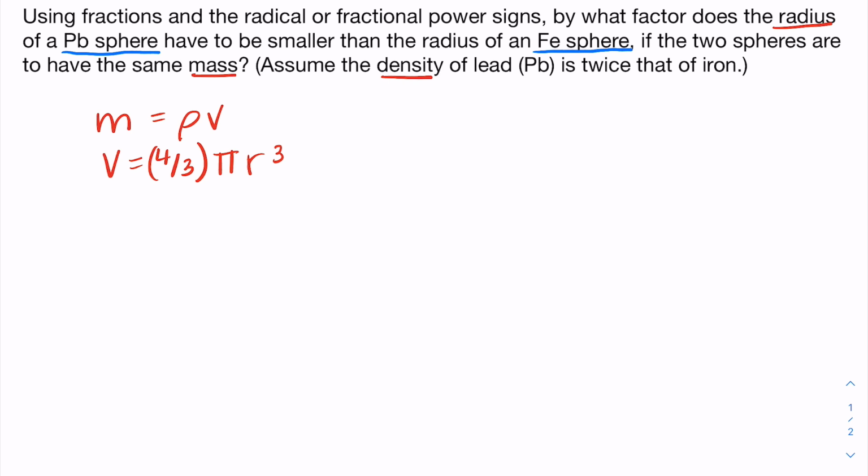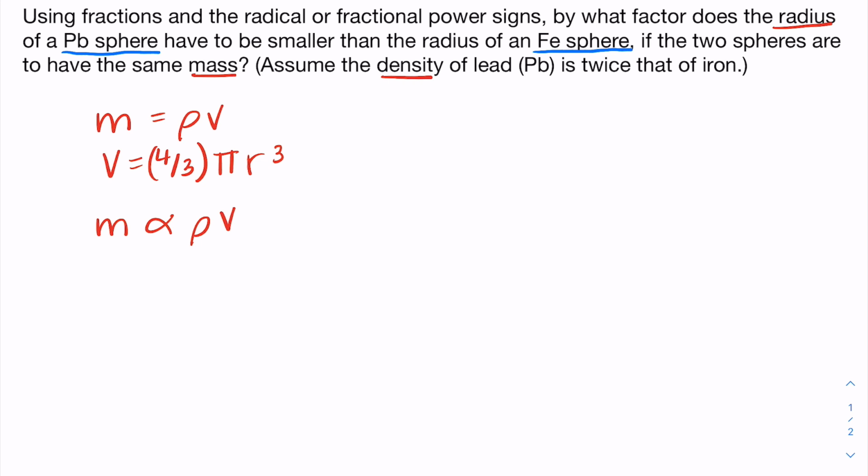Now we'll want to turn our equations into proportionalities. So as a reminder, you change the equal signs to proportionality signs and get rid of all the constants. So for the first equation, there are no constants, so you'll just write it as mass is proportional to density times volume.